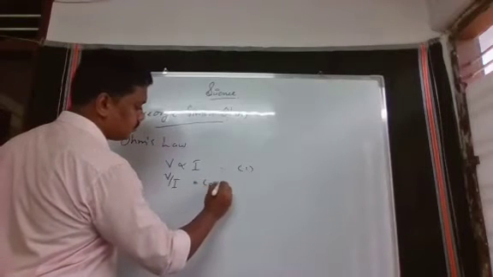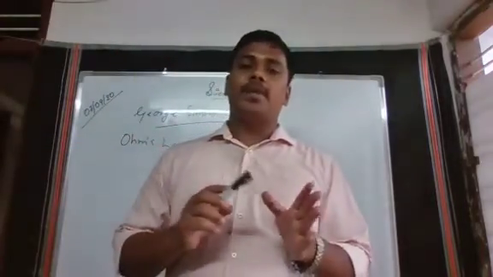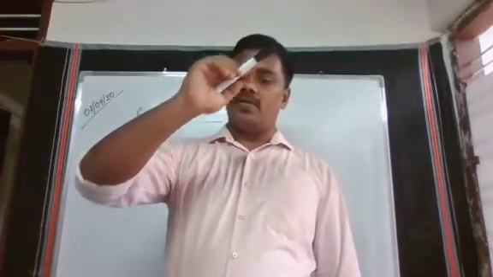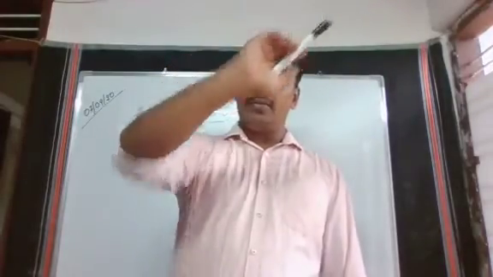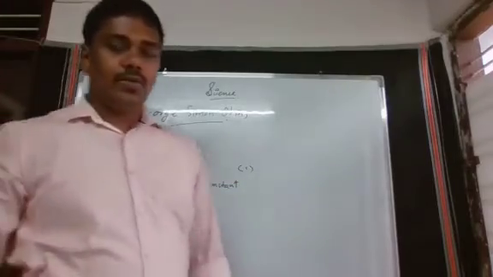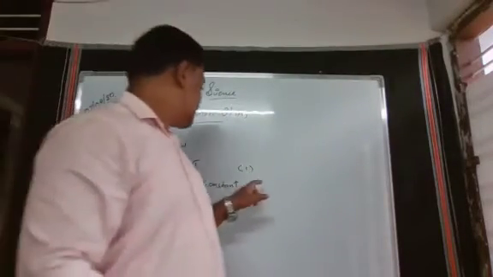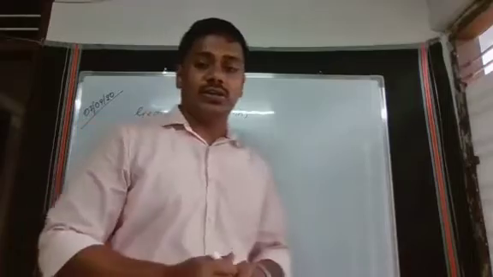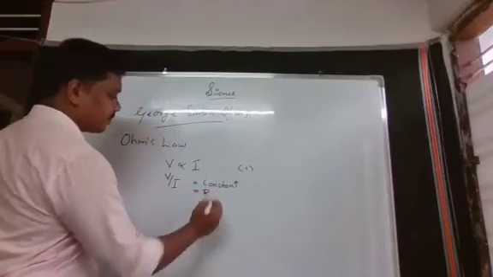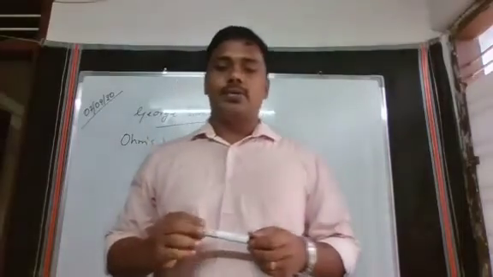We have plotted the V by I graph. In that we got a constant. We drew a straight line from the origin till the end. So we studied that V by I is a constant. I wrote here V by I is equal to a constant, and this constant is called R. Then how can we find V?